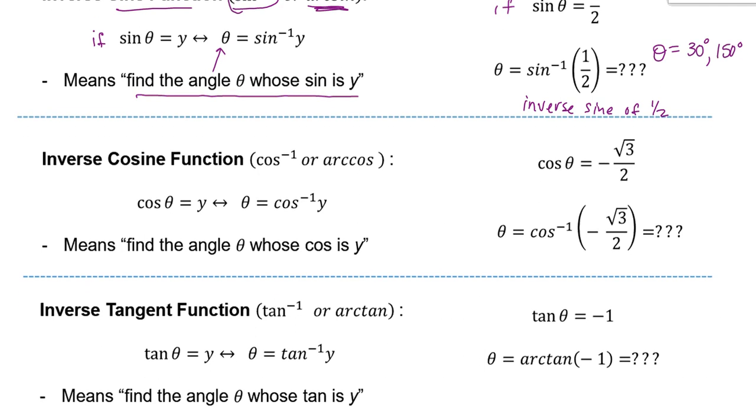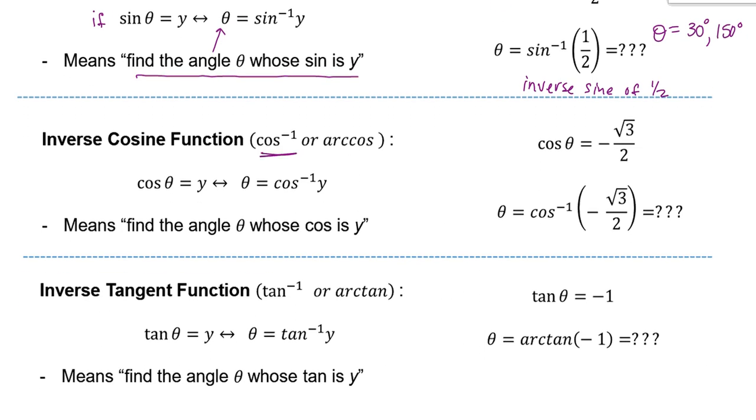Okay, same thing for cosine. It looks very, very similar. That little negative 1 means inverse, or the word arc might be in front of it. Same exact thing. If you tell me that the cosine of theta, some angle, equals a number y, then you're asking me to find the angle whose cosine was that value.